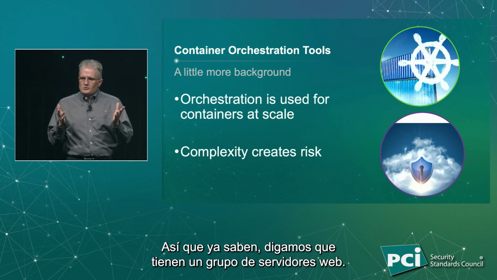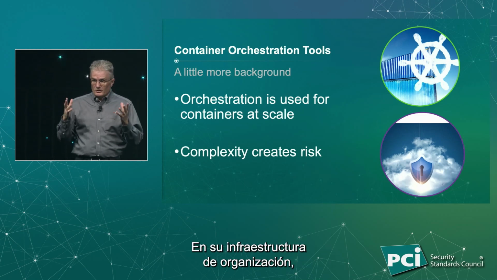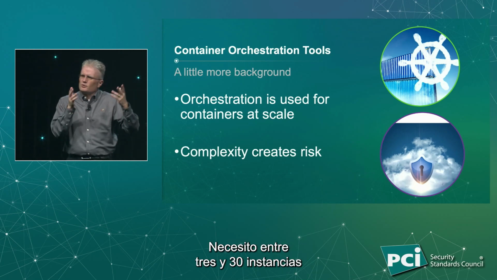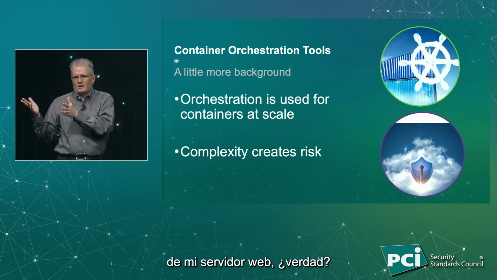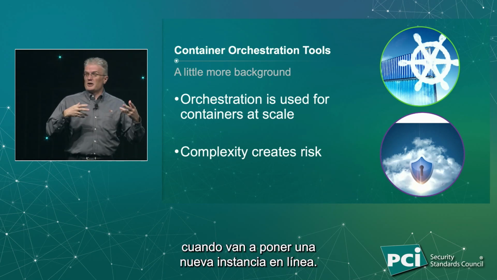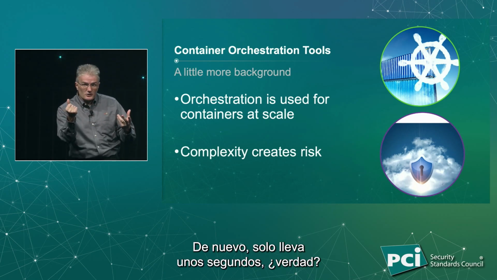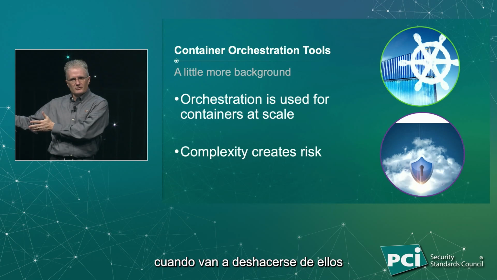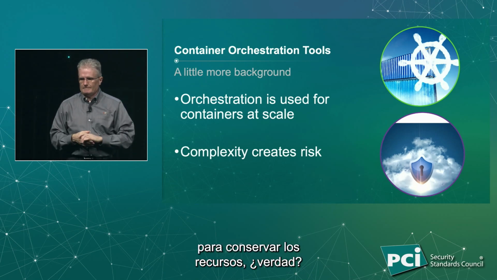Let's say that you have a web server pool in your orchestration infrastructure. You can set that up to run, like, I need somewhere between 3 and 30 instances of my web server, right? And then you'll define the criteria for when you're going to bring a new instance online. Again, it just takes seconds, right? And then you'll also define the criteria for when you're going to dispose of them to conserve resources, right?